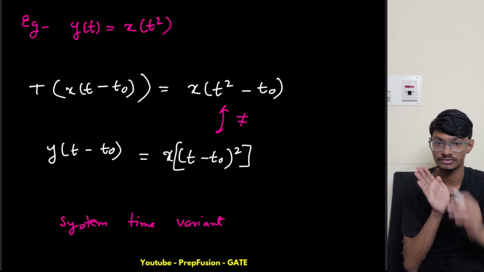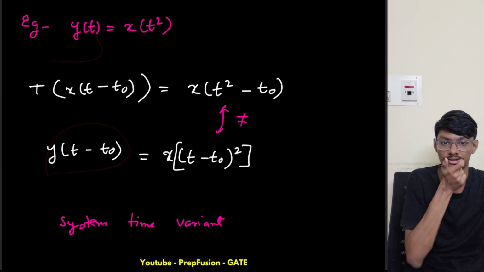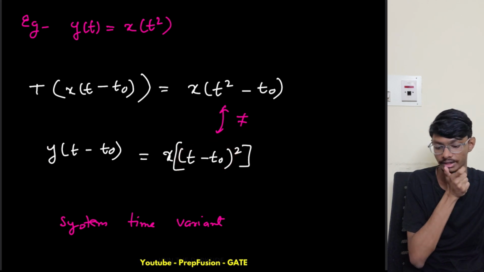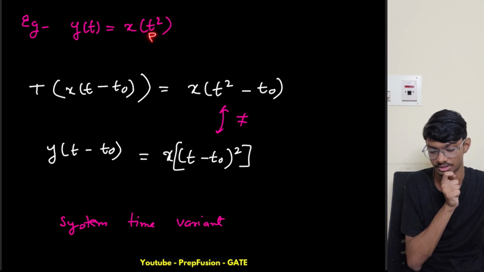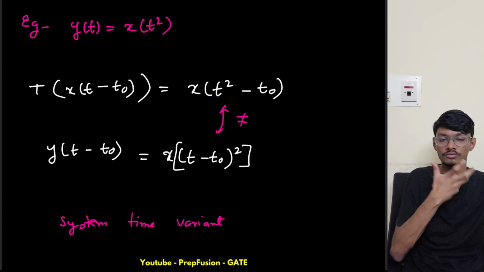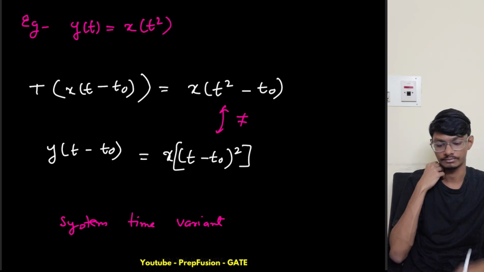When shifting the output, t is replaced by t minus t naught. If these two, the response to the shifted input and the shifted output of the system, are not the same, then the system is time variant.